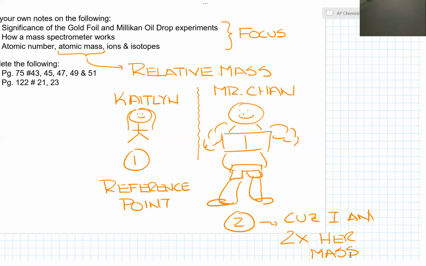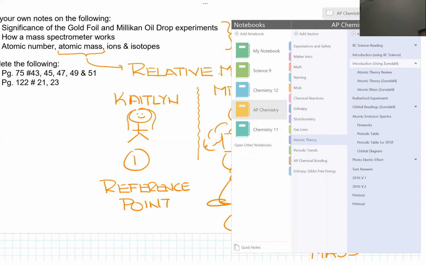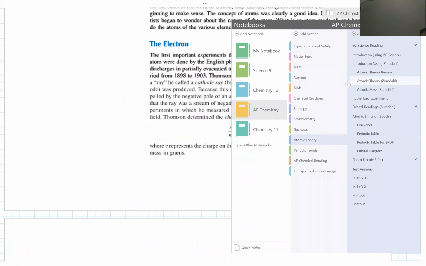So how we taught you back in grade 10 and grade 9 and so on is actually backwards. They figured out the mass first and then worked their way backwards to figure out the number of protons and neutrons, etc.